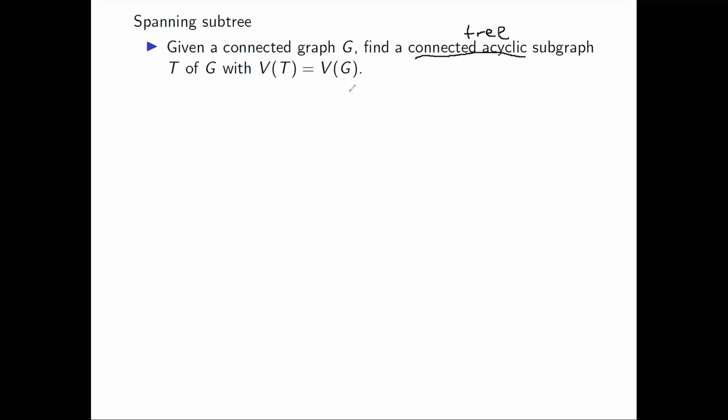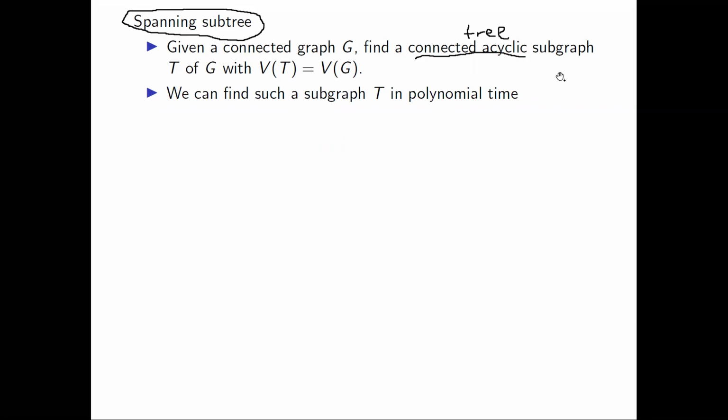The special name of this kind of subgraph, a subgraph that is a tree which spans the whole vertex set, is a spanning subtree. And we're going to discuss two polynomial time algorithms for finding a spanning subtree in a given connected graph G.